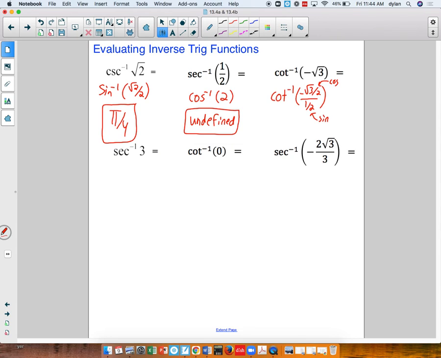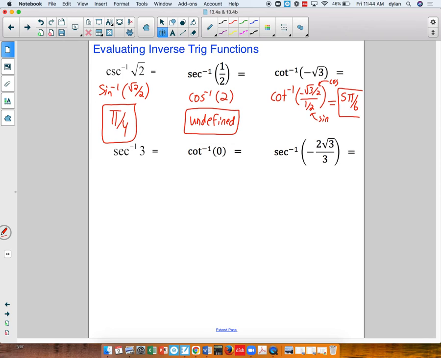So I know this has to have a reference angle of pi over 6, because that's what would make those true for sine and cosine. Cotangent is allowable in the first and second quadrants, and since this one's negative, it's going to be in the second quadrant, so the answer is going to be 5 pi over 6.